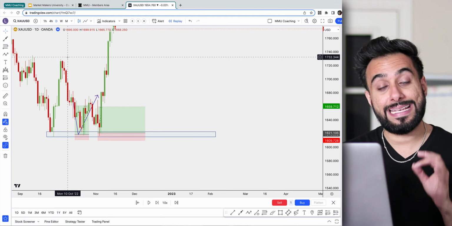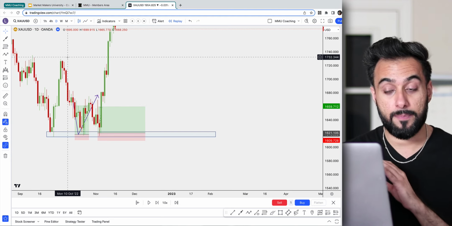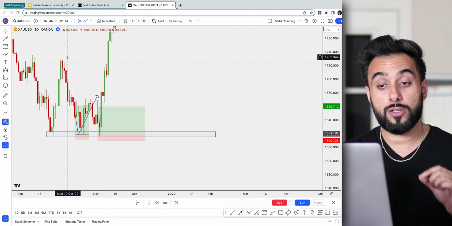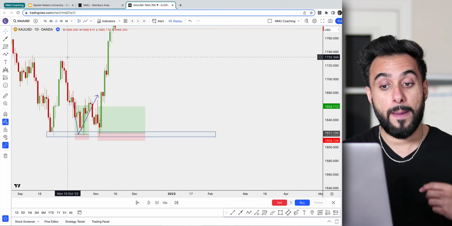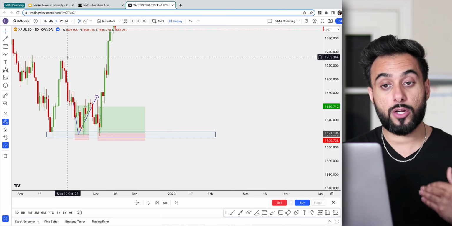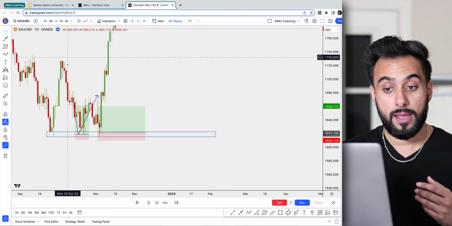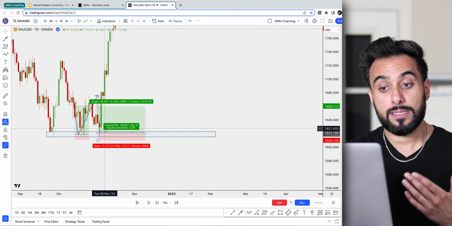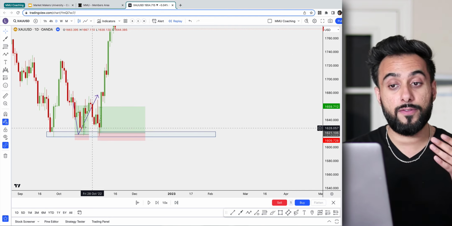Now the question is, is this going to work 100% of the time? Absolutely not. It is our job as traders to manage our risk and create ourselves a strategy by implementing things like these to get an edge that's at least higher than 50%.